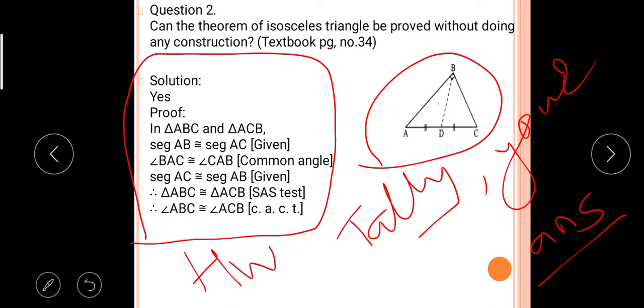Understood? If it is wrong, then write the correct one and send me by the session time. So this first question I am giving you as a challenging question. This solution I have given, but is it correct? If it is wrong, then where it is wrong, that also you have to send me. Okay students, so this is today's homework.